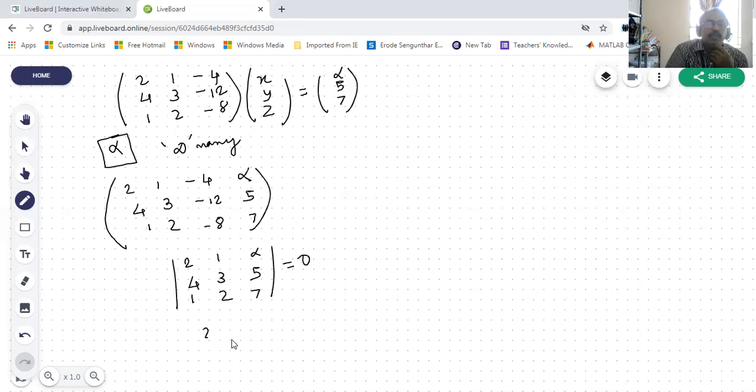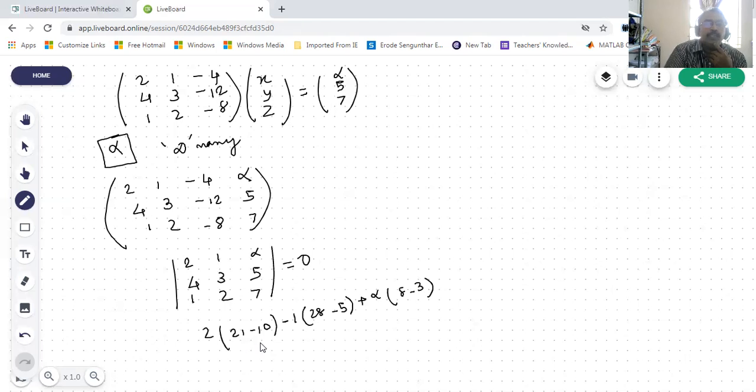2 into (21 minus 10), minus 1 into (28 minus 5), plus alpha into (8 minus 3).